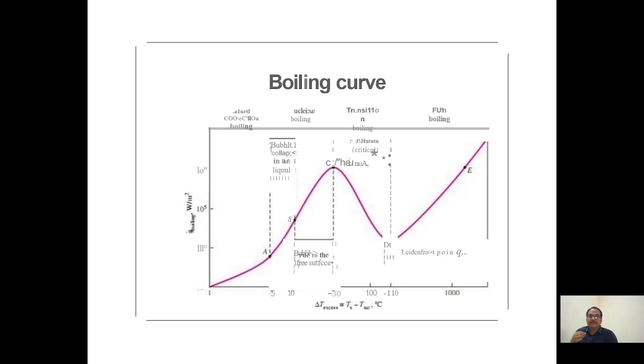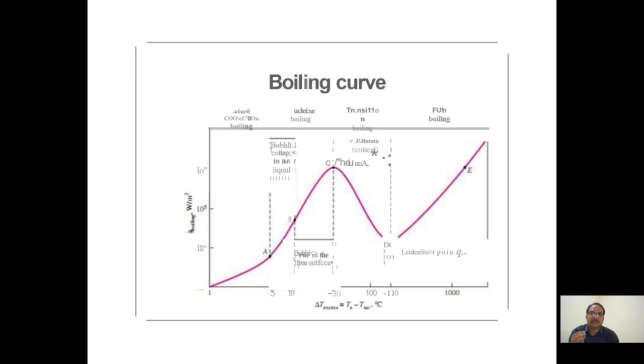From 1 to A is the natural convection boiling process, A to B is the pool boiling process, B to C is nucleate boiling, and C to D is the film boiling process. From A to B, the bubbles collapse in the liquid formation.